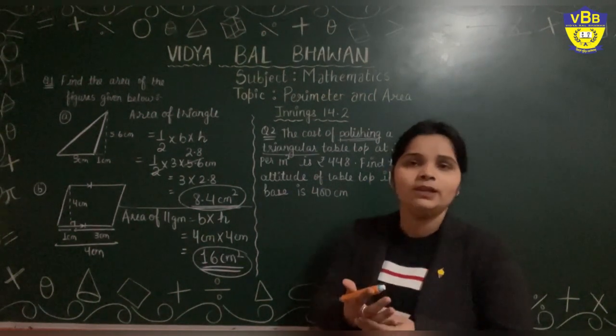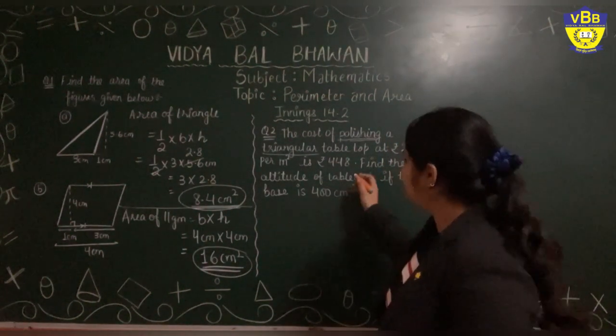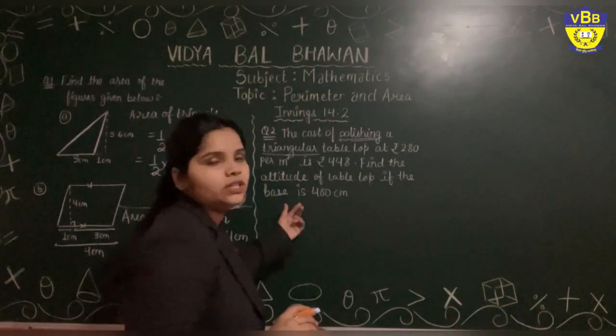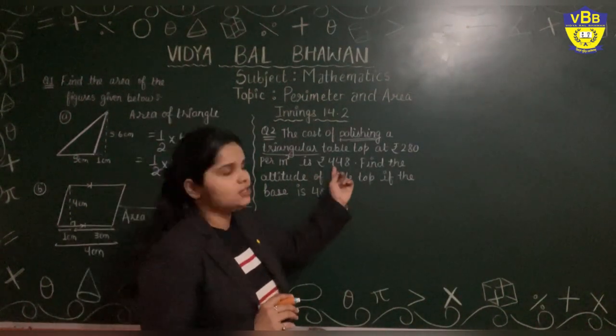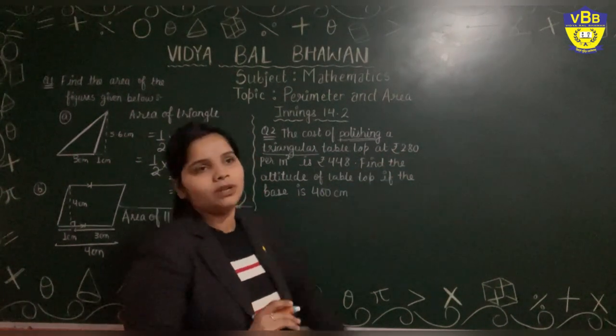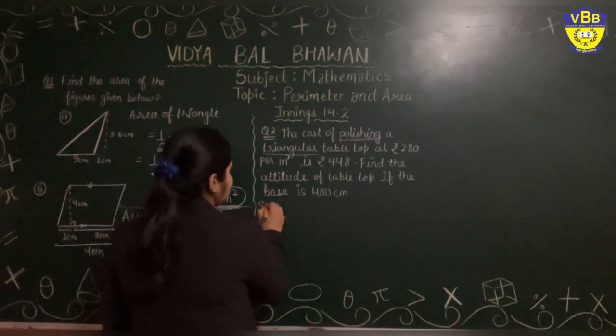I will divide, and then I will get to know. So here also, to find the area of the triangular tabletop, I will divide the total cost by the per meter square cost. So let us start this solution.